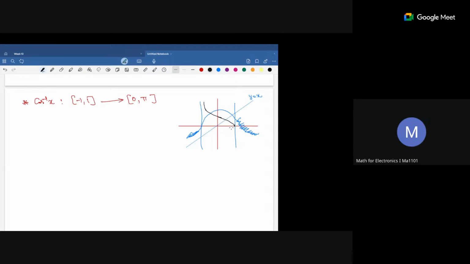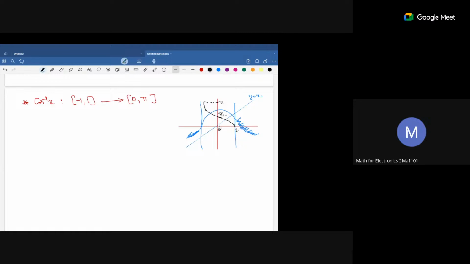Right? cos inverse of 1 will be 0, whereas cos inverse of -1 would be pi. So this will be pi, and cos inverse of 0 will be pi by 2, and cos inverse of 1 would be 0.